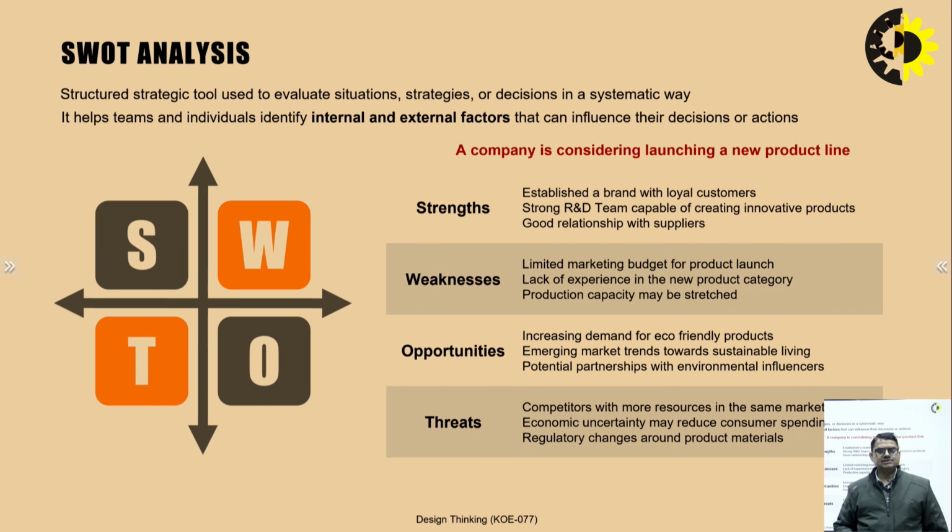So opportunities are the benefits, like why we want to do this task or why we want to solve that particular problem. And the last one is the threats. Threats means the unknown things, like we are not sure about them at this particular moment, but yes, they may be possible, they may have an impact when we are going to solve that particular problem.